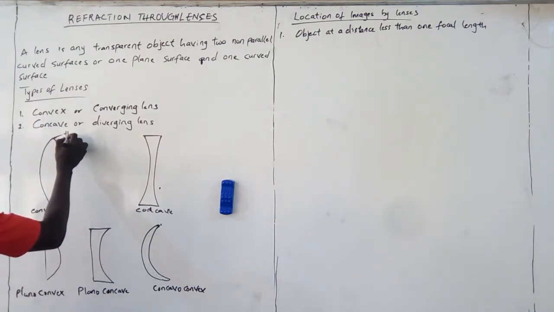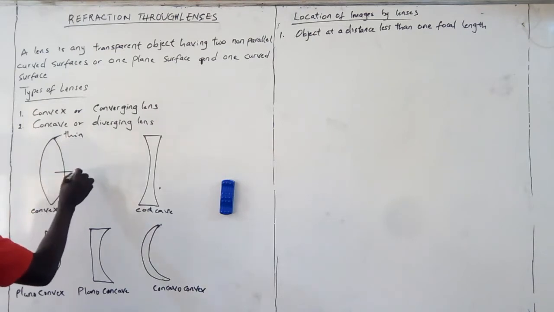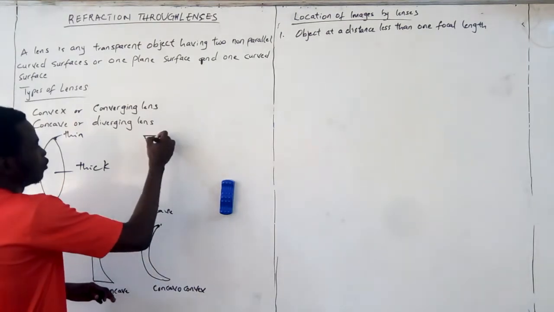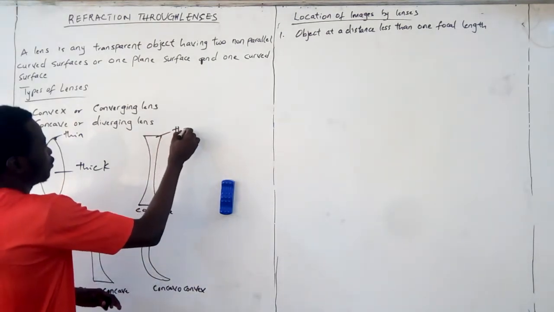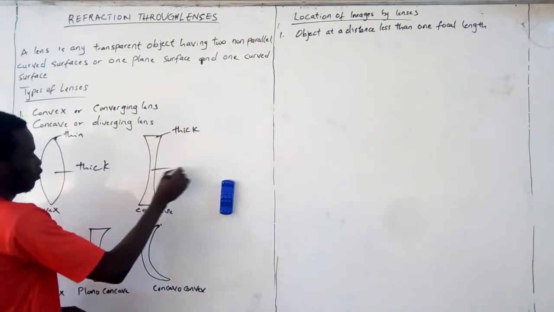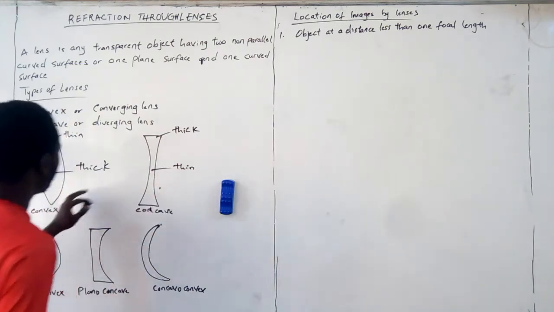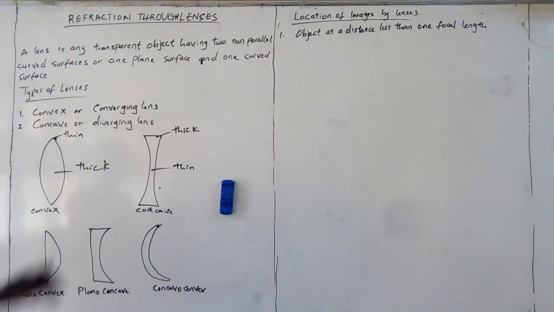So the edge is thin and the center is thick. While the concave, the edge is thick and the center is thin. So that's the difference between these. They are both transparent materials.